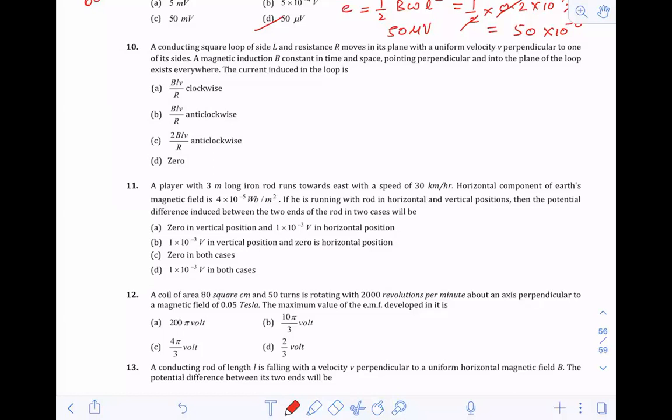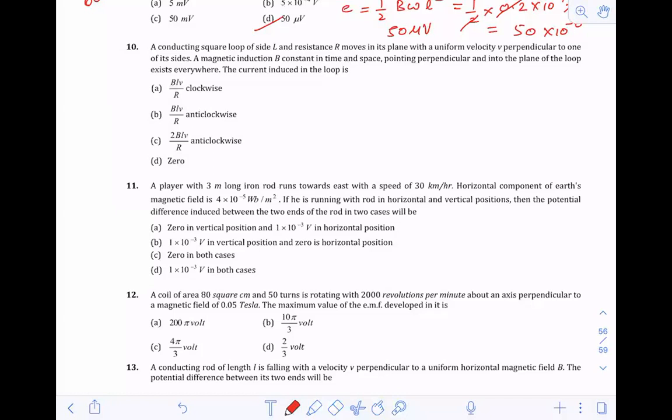Okay, Sanjita, why are you telling that option? Can you justify your statement? Okay, there is no change in flux, that is what you are saying.